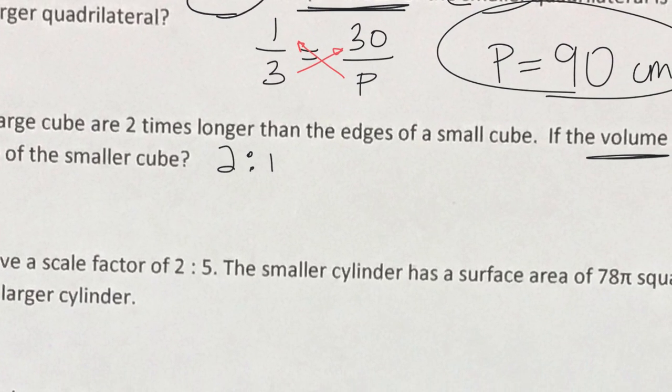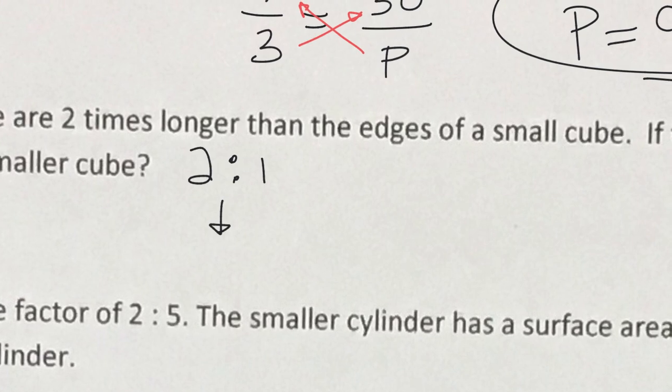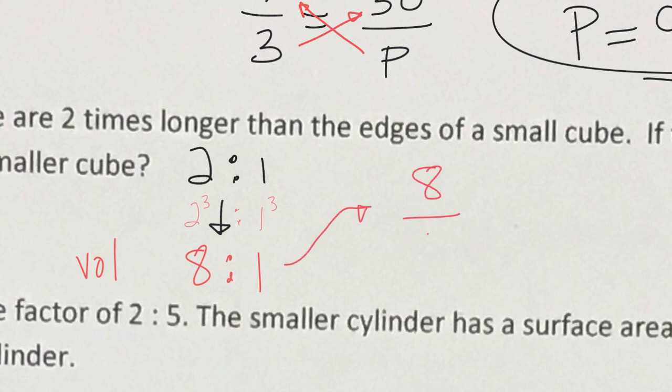So if we're trying to find volume, what ratio must we know? The volume. So we have to cube both of these things. So 2 to the third power and 1 to the third power is a volume ratio of 8 to 1. So our volume ratio is 8 cubic units to the large over 1 to the small. So that's what we're going to use to set up our proportion. 8/1, or 1/8 if you want to put the small thing on top always.